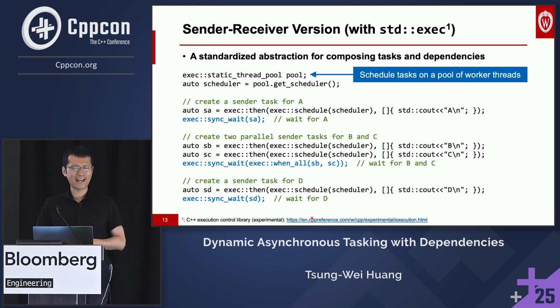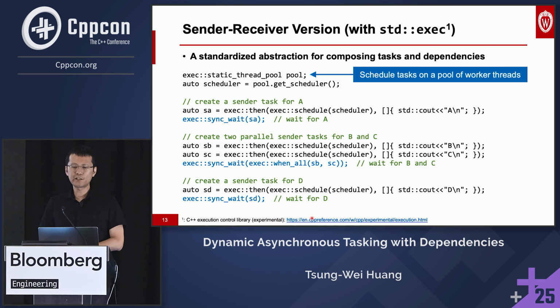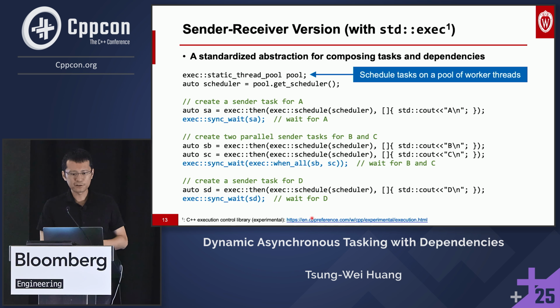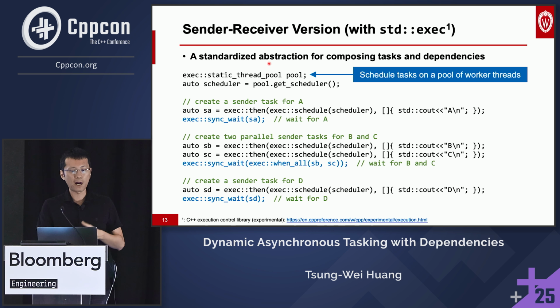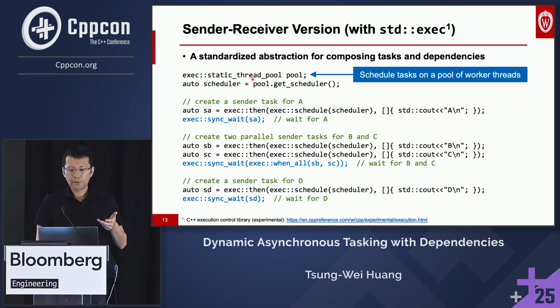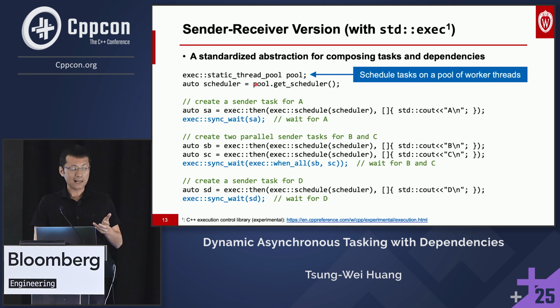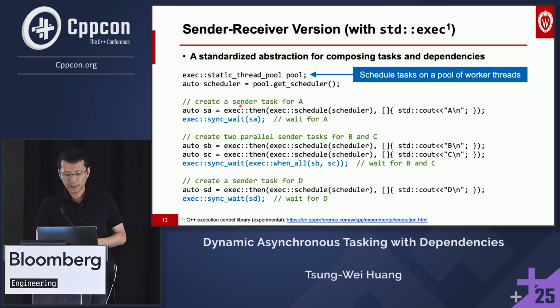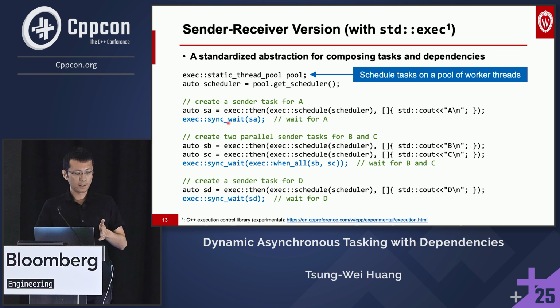Let's take a look at the same task graph, but implemented using the C++ sender-receiver model, which is a standardized abstraction for composing tasks and dependencies in the C++26 standard. Here, we use a static thread pool to schedule tasks on a pool of worker threads. Then we create a sender task for A and synchronize its execution using the sync_wait method.